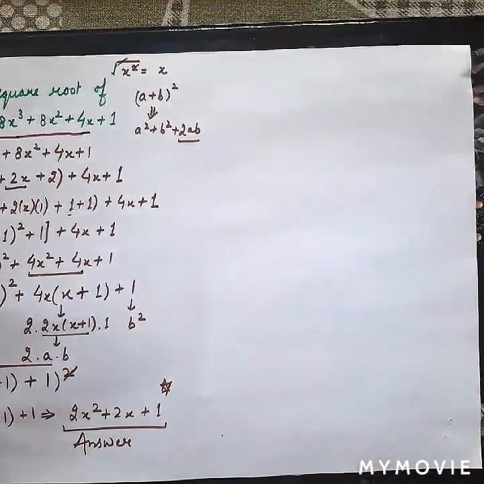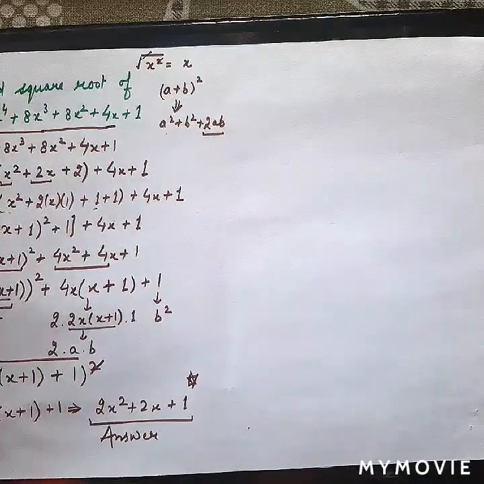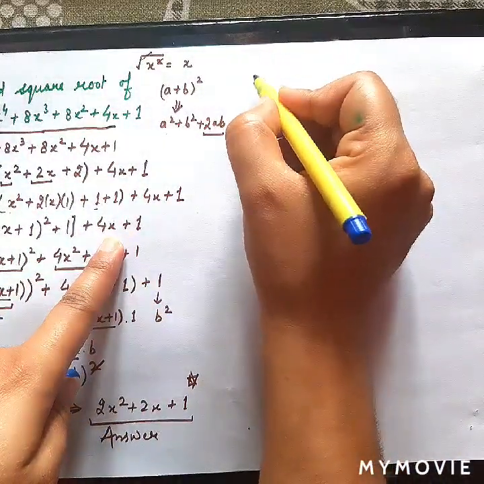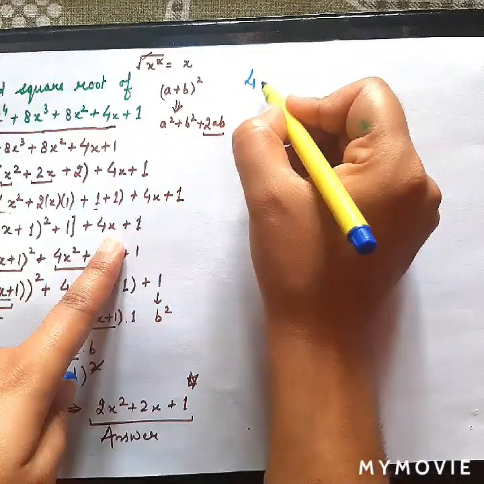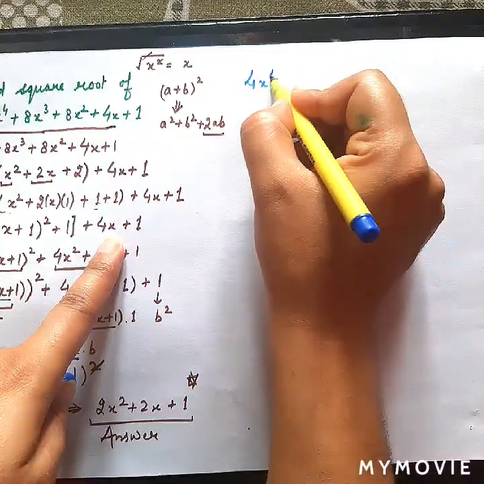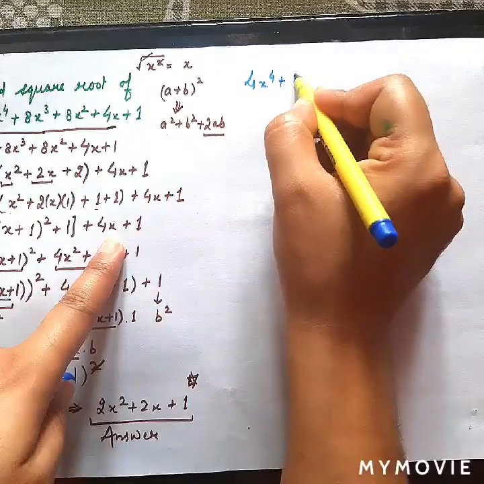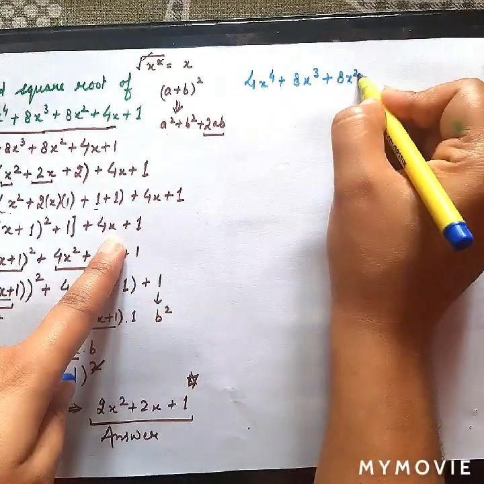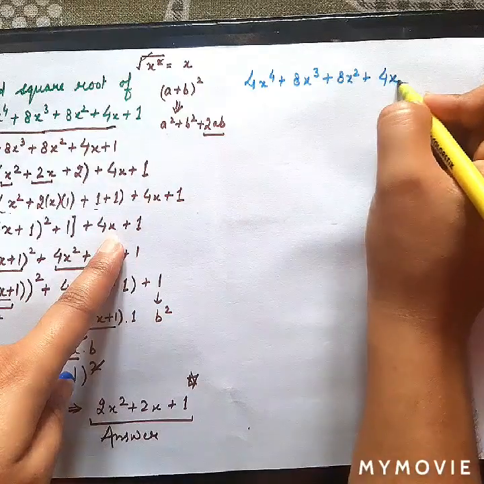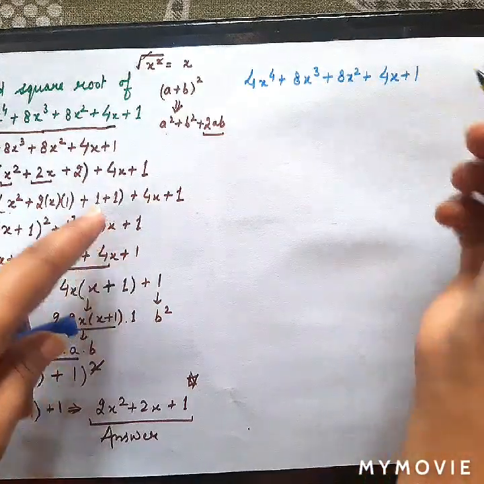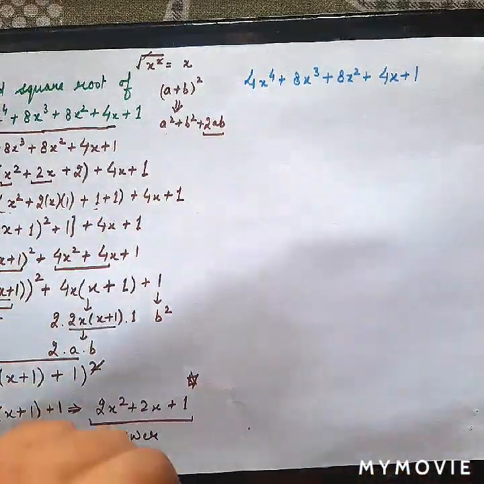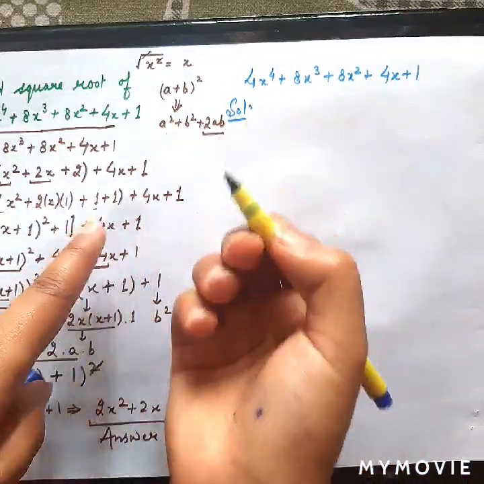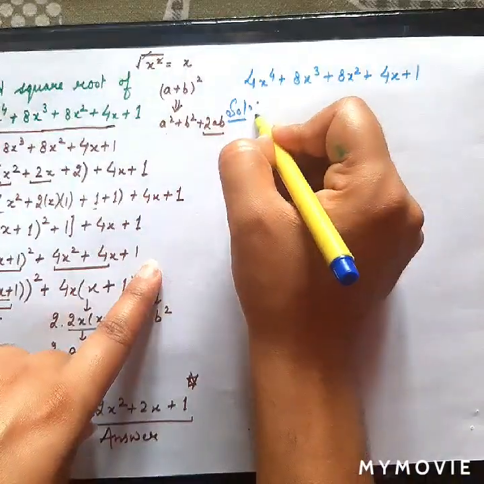Here, first of all, let me write the statement again. It was 4x^4 plus 8x^3 plus 8x^2 plus 4x plus 1. Again we need to transform this polynomial in terms of the square of some number.